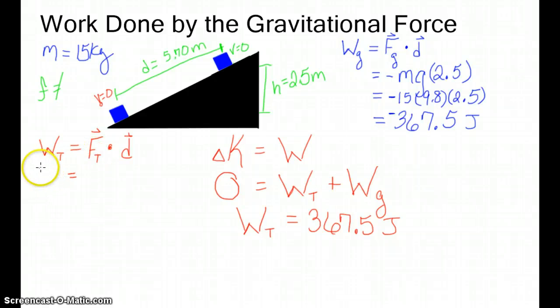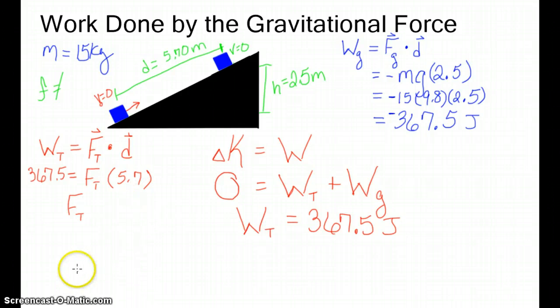Now from that, if I needed to, I could come back and find what that tension force was. I could substitute the 367.5 equals the force tension times the distance. We know the tension force is up the incline. The distance we moved here is up the incline. So we'd have force tension times 5.7, times cosine of 0, which is 1. So we could calculate what the tension force would be.